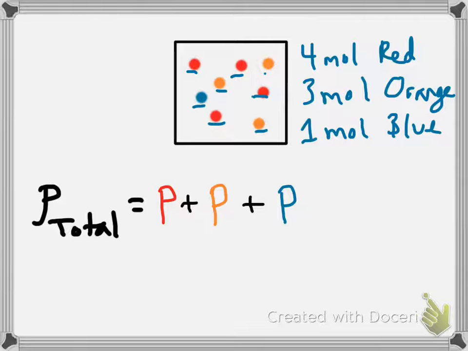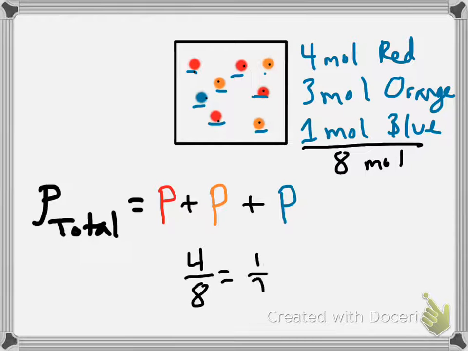And each of these pressures can be determined by a mole ratio. When we talk about a mole ratio, we are talking about how many moles of each per total. So in this case, we have 1, 2, 3, 4, 5, 6, 7, 8 total moles of gas, right? 8 moles total. So our mole ratio of red is 4/8, which is 1/2.